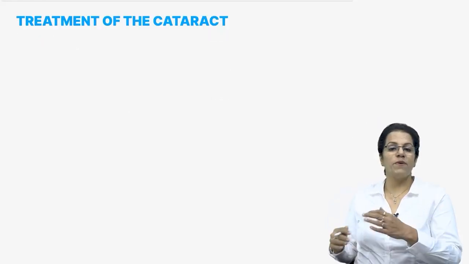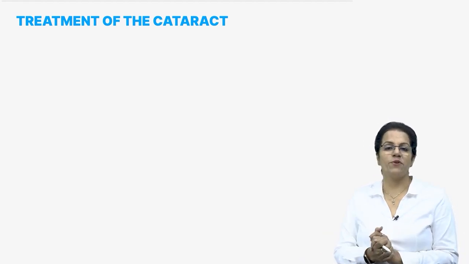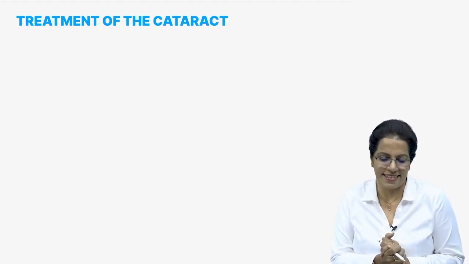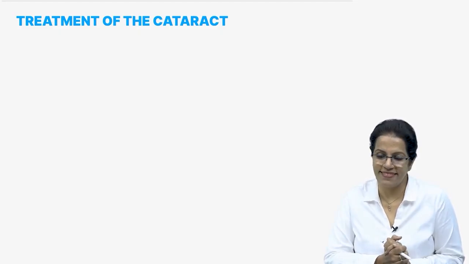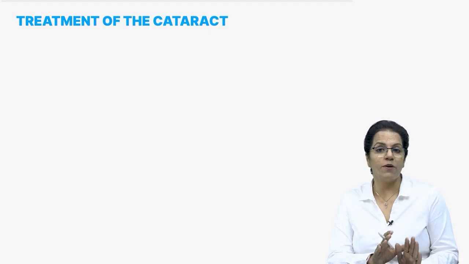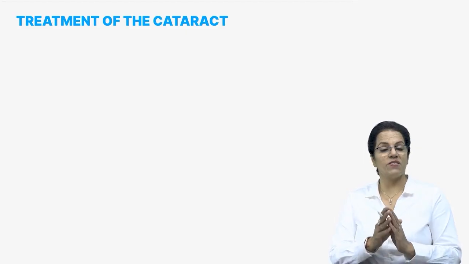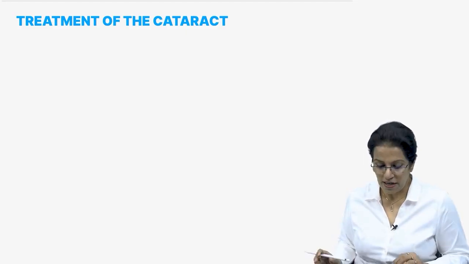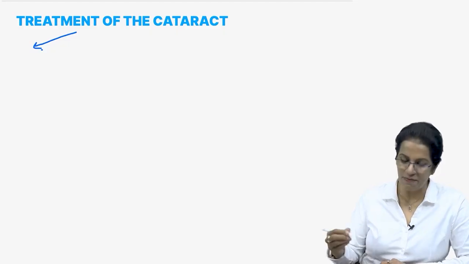Okay. So once we know about the clinical features and these points, our next heading would be how to treat a cataract. Do we have any medicine to manage cataract? No. Any medicine for prevention? Again, a big no. So the only option is surgery. Here we are going to learn the different surgeries that we do for cataract. Just listing them out, details we will take one by one.